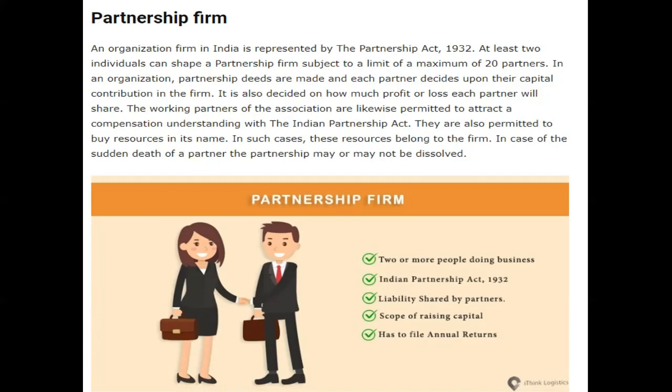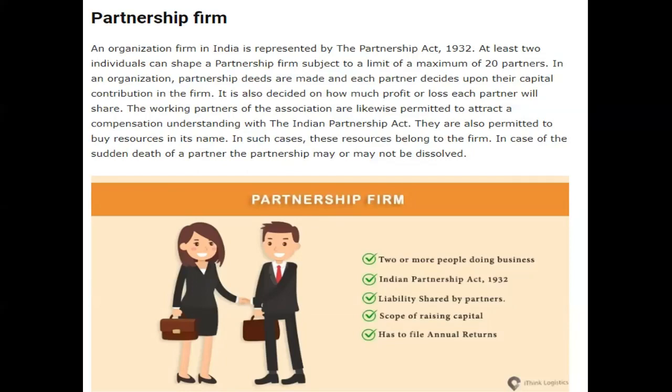And all the partnership firms or all the businesses carried out in India as partnership are governed by the Indian Partnership Act of 1932, which states that there should be at least 2 persons or 2 individuals carrying out a business in common. The maximum number of partners that a partnership firm can have is 20 in case of normal business.